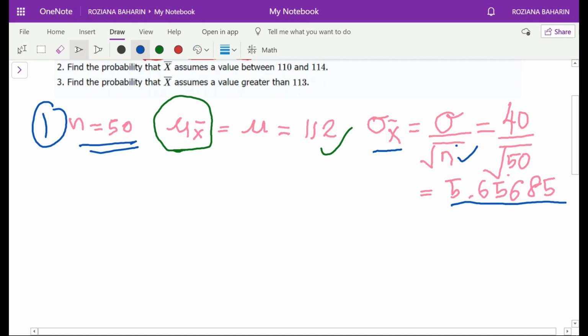So we continue with the second question here, which is to find the probability that X bar assumes a value between 110 and 114.